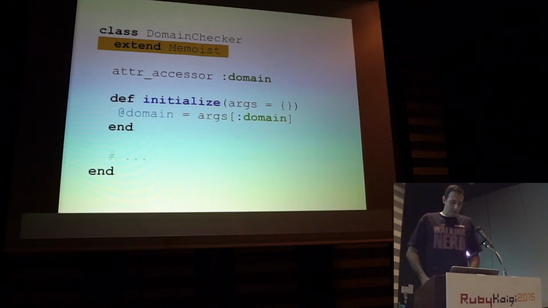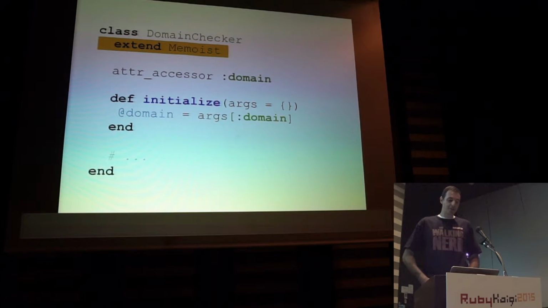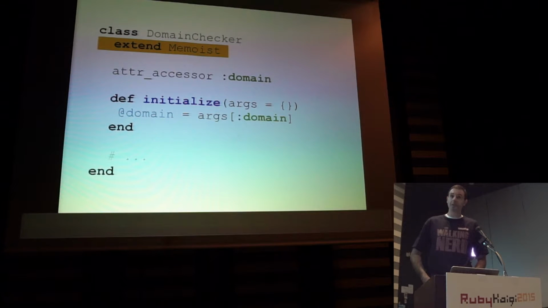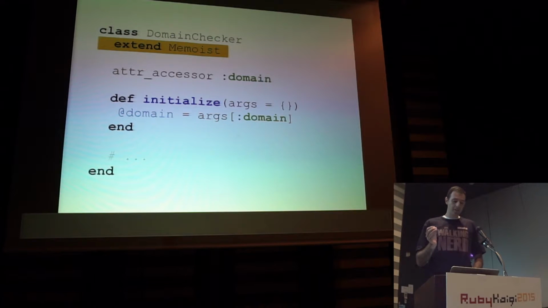Next, this class uses the Memoist gem to memoize methods, but that's not a problem. It's not a problem to use Memoist. The problem is an indiscriminate use of memoize.